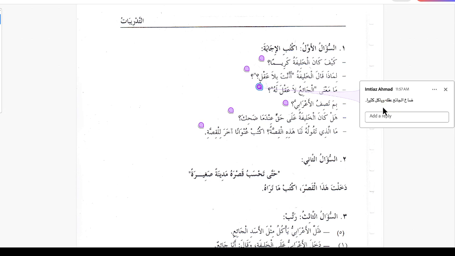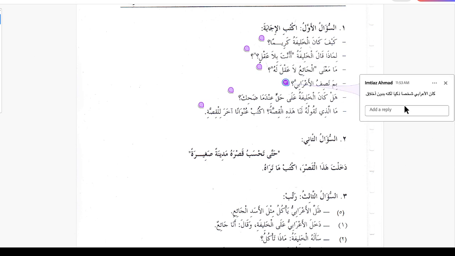We say that because yakulu kasiran, that is why he eats a lot. So if he possesses the intellect, he would not eat too much. And normally we see that a hungry person eats too much of the food. So that is why it is said that al jayu la akla lahu. The hungry person absolutely does not possess the intellect.